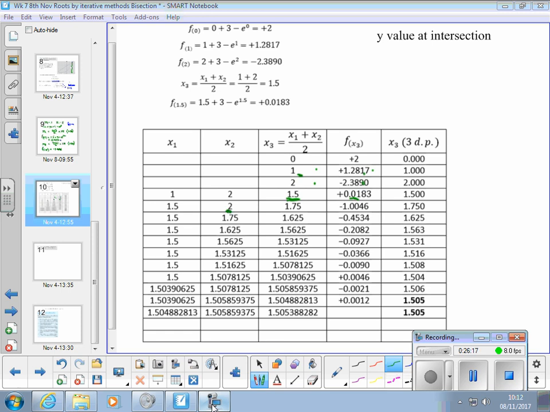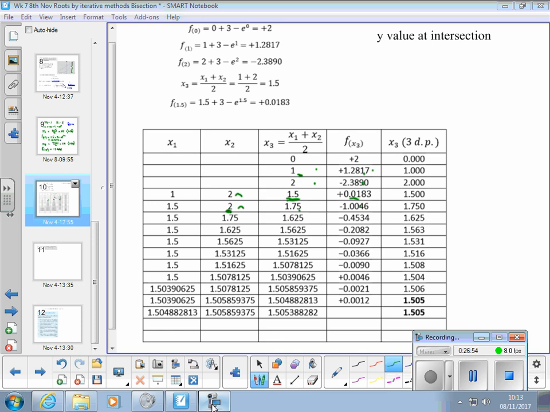It depends on the shape of the function. Right? So we get a new guess of 1.75. That takes us from positive to negative. So 1.75 has got to replace the old negative.